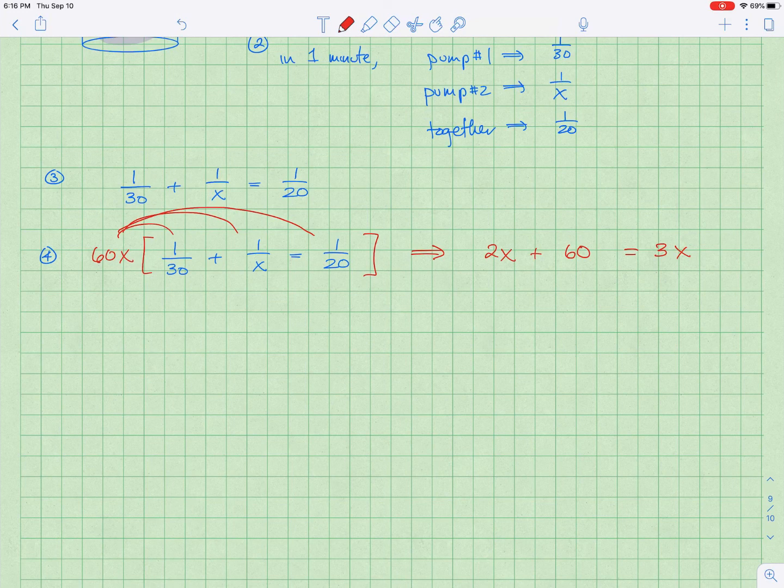Solving for x, we're going to subtract 2x from both sides, and it looks like x is going to be equal to 60, and so pump 2 takes 60 minutes to fill the tank alone. And that was step 5, answering the question in the form of a sentence. And that's working together.